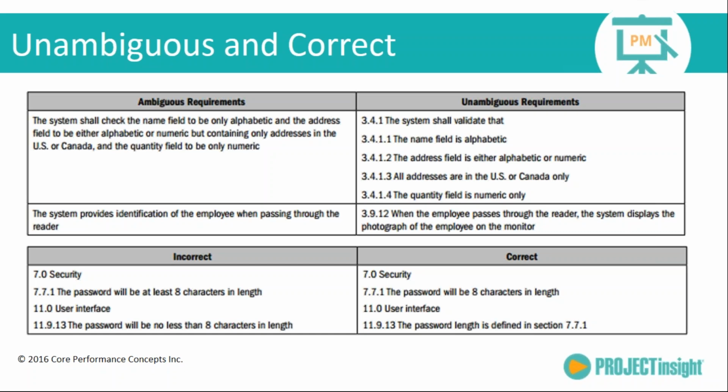And correct versus incorrect. One of the things that PMI stresses on this part is if you are documenting a requirement and then referencing that requirement later on, which is why I say jump from 7 to 11 here, you should state the requirement one time and then reference it. Don't duplicate it in two different places.